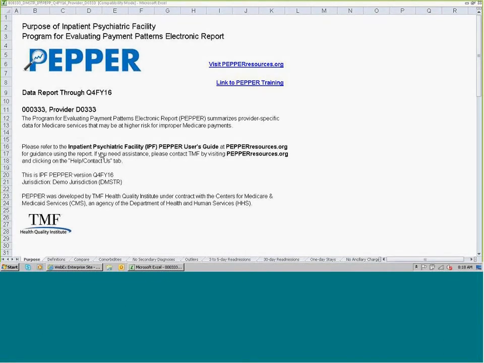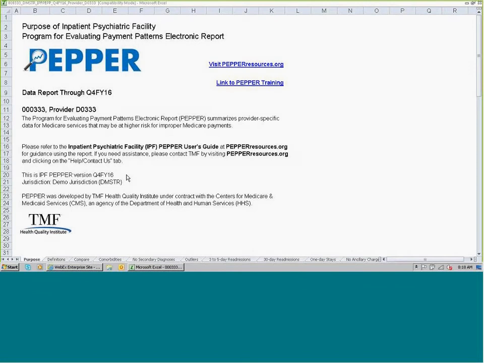We'll refer you to the PEPPER User's Guide available on our website if you need assistance using the report, as well as our help desk to submit questions or request assistance. We do include a link to the pepperresources.org website within the PEPPER, as well as a link to the Training and Resources page where additional resources are available.